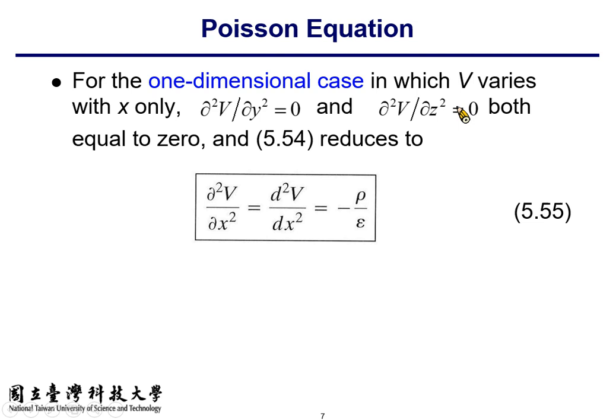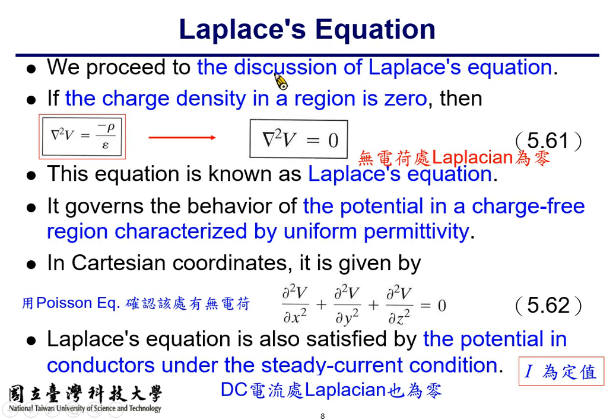That is, the potential V only varies with x. So you have the second derivative of V with respect to x equals minus rho divided by permittivity epsilon. There is a reason why we introduced equation 5.55. We will see that later in the example of this section.